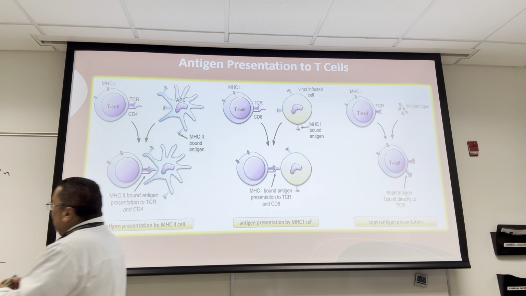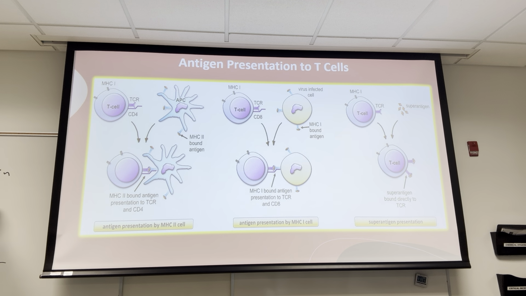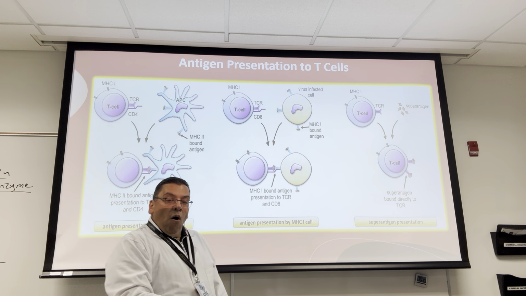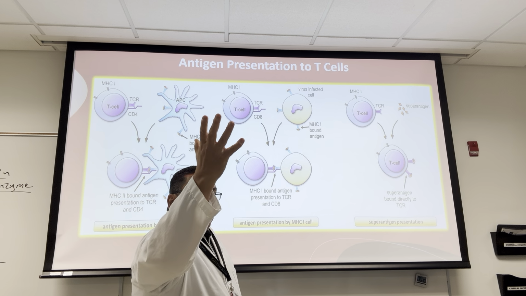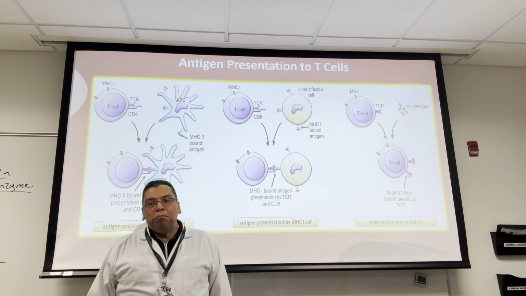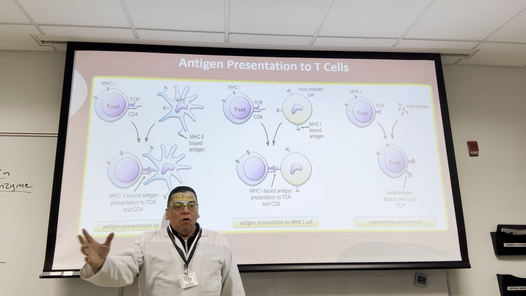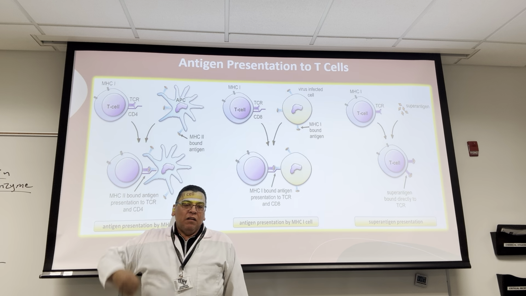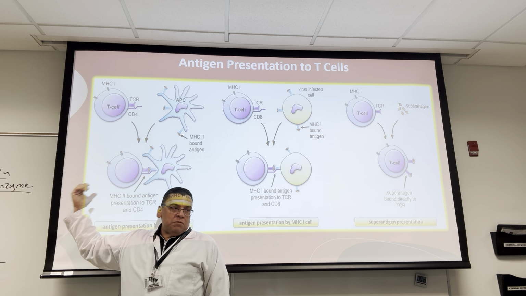See, I'm trying to tell you a way to remember it. This is the analogy: open the door, throw a grenade in there, and it will blow it up. Open the door, perforin. The grenade is the granzymes.